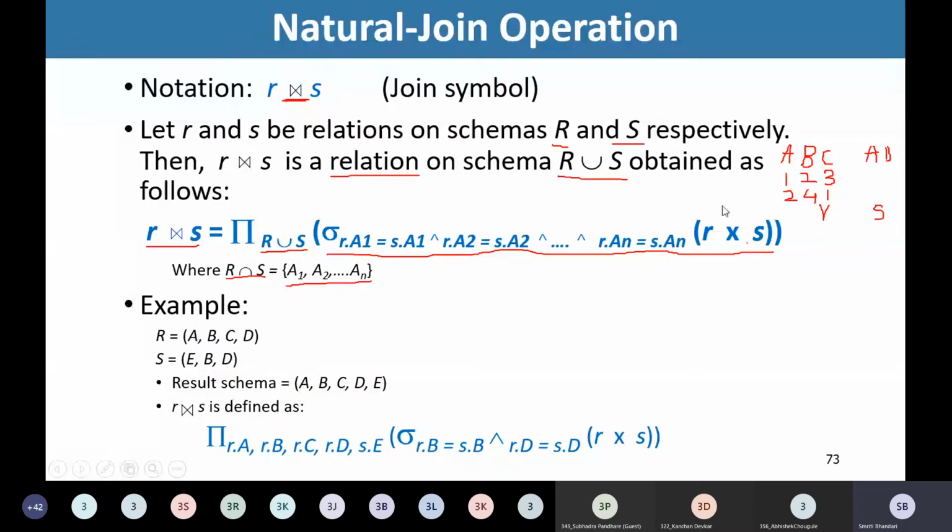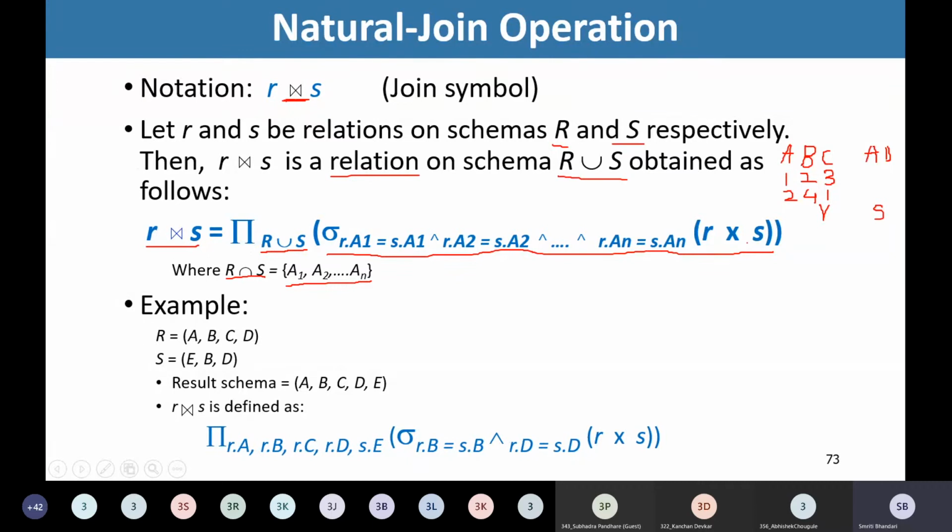Okay, now what next? Our definition says that we should pick the attributes that belong to R union S. Right?